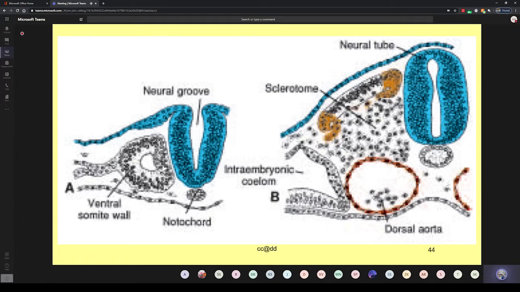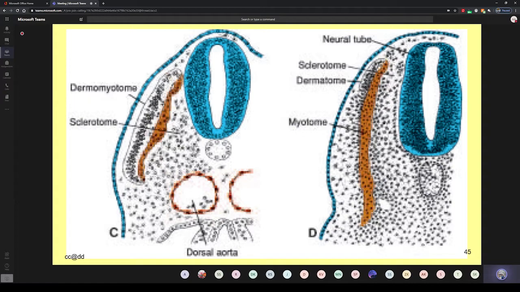Previously, there was a sclerotome. Now, from it, what we are getting is two extra layers, namely one brown colored myotome and the outermost cellular layer, the so-called dermatome.